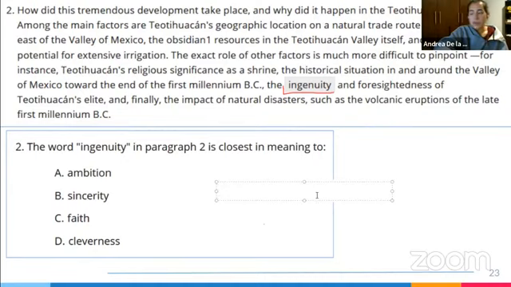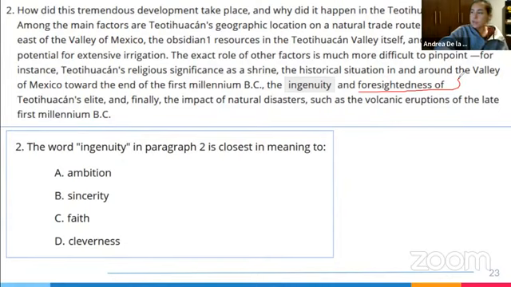That wouldn't make sense. It has to be something positive, for example, to start. Although I would say most of these ones are positive. This one can have a negative connotation depending on the context, but all of them are positive. But let's continue. It's not just the ingenuity of the elite, but also the foresightedness of the elite.